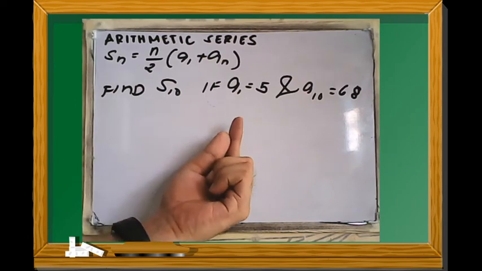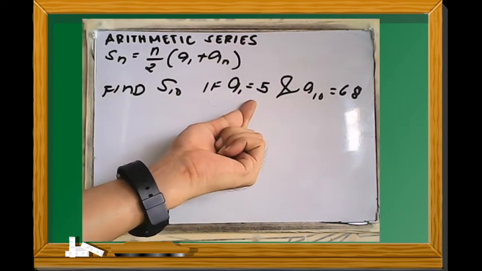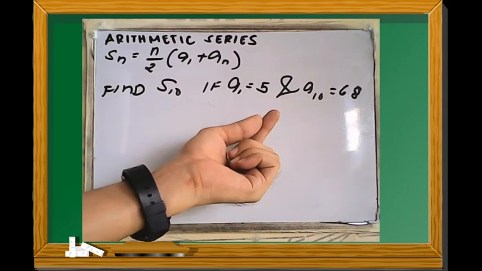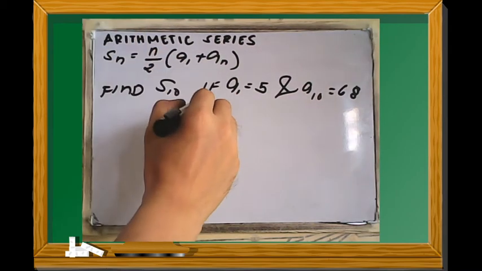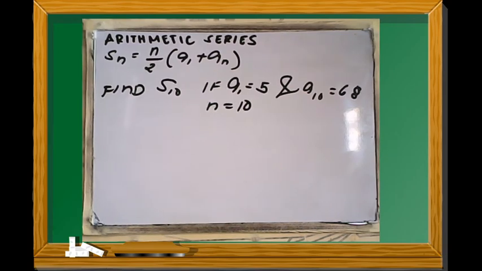Here the given are the first term, which is 5, the last term, which is 68, and since the last term is a sub 10, it means there are 10 terms. So the number of terms is 10.